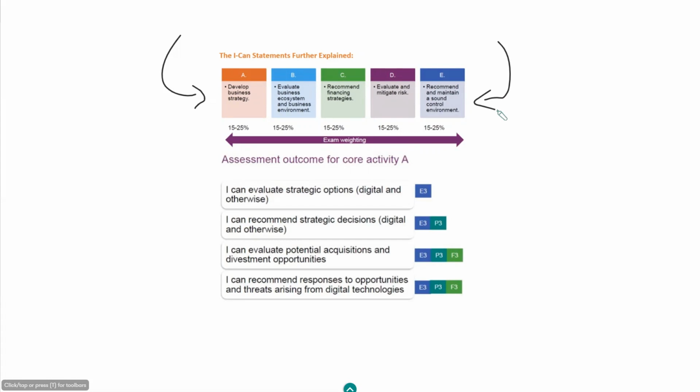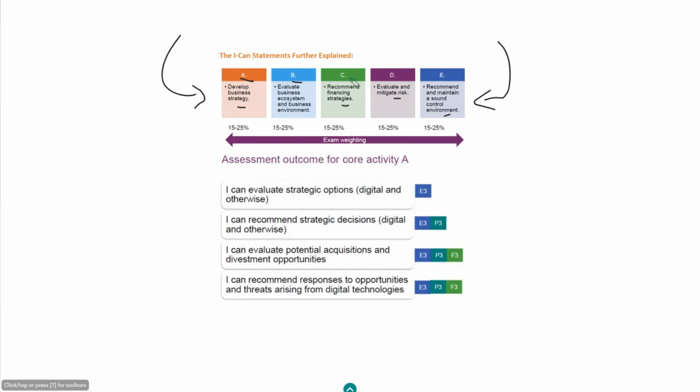So they say that a senior finance manager should A, develop business strategy, B, evaluate the business ecosystem, so the business environment, C, recommend financing strategies, D, evaluate and mitigate risk, and E, maintain sound internal control, or control environment. So these 5 are the main jobs of a senior finance manager, and this is what your CIMA strategic case study exam is going to revolve around.